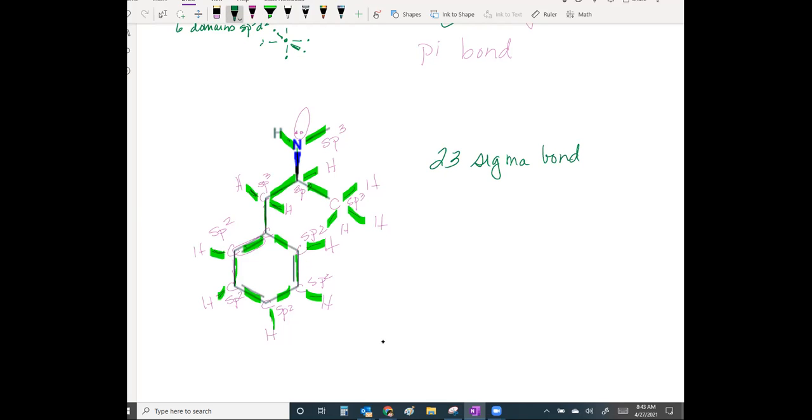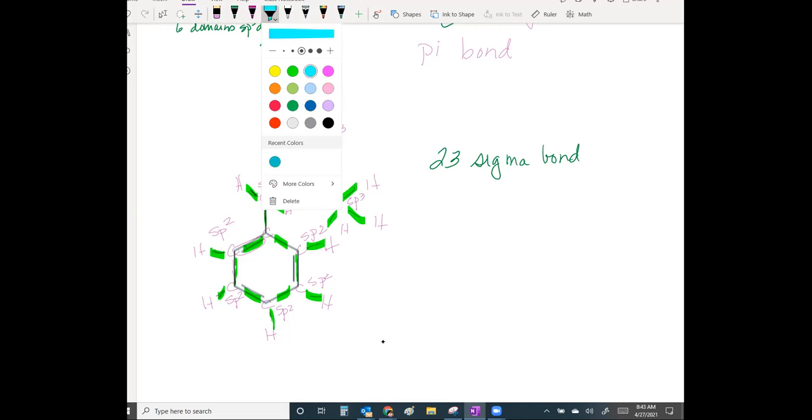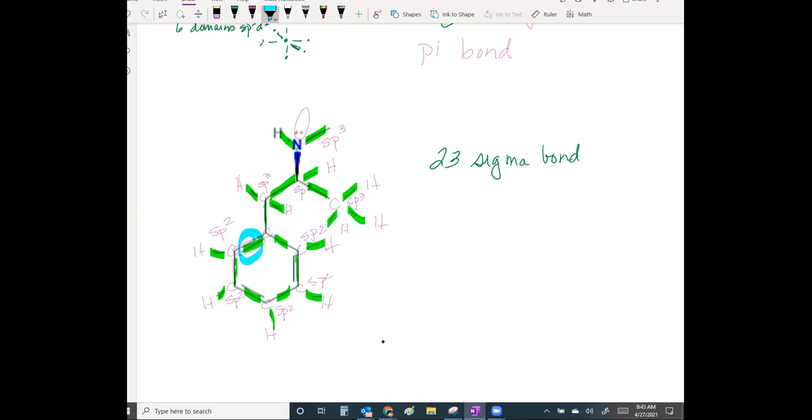But we also count the pi bonds because they have both a sigma and a pi. A double bond means you have pi and sigma. How many double bonds do we have on here? 1, 2, 3 double bonds. So we have 23 sigma bonds and 3 pi bonds.